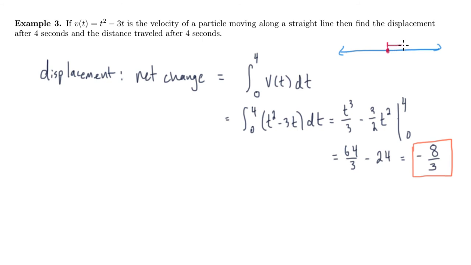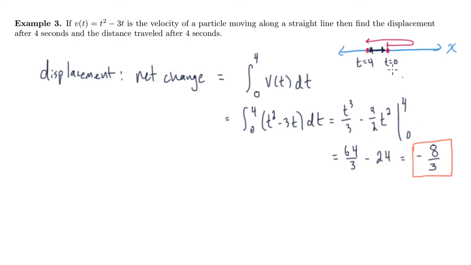So I go forward, and then I end up back here. Here's t equals 0, here's t equals 4. And this negative 8/3 is the distance between where I stopped and where I started.